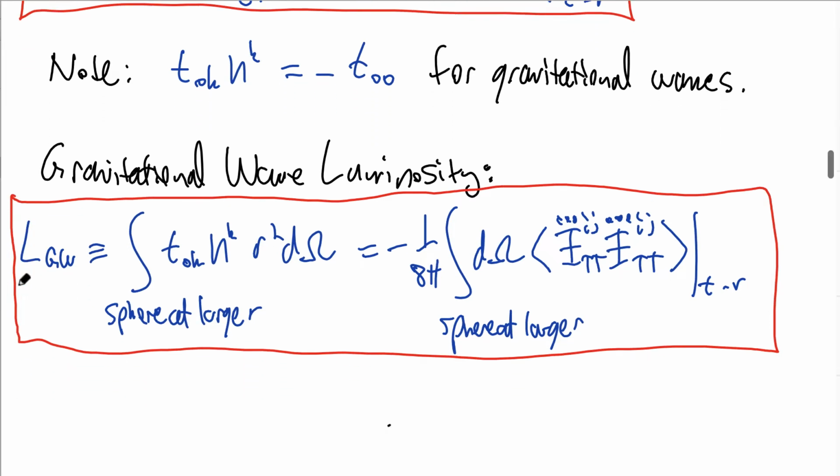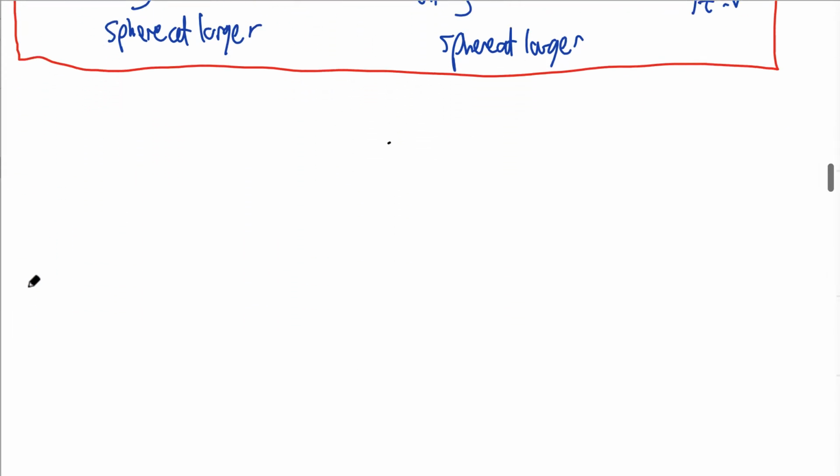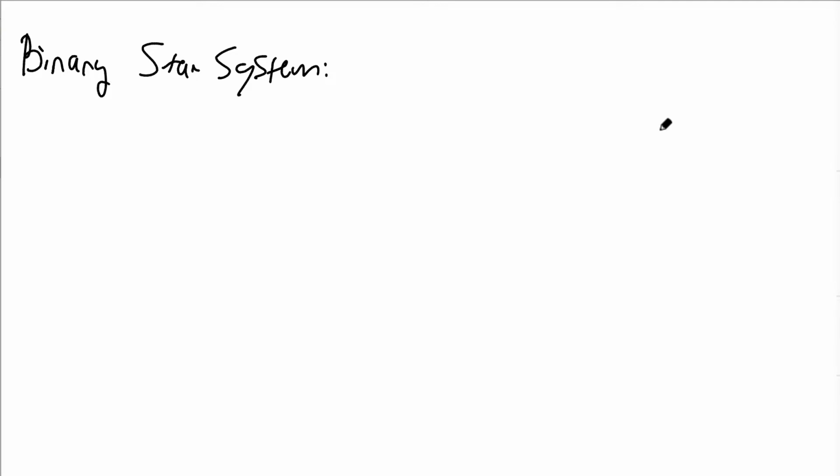For the remainder of this lecture, I plan to work through in detail the calculation of gravitational waves from a binary star system consisting of stars M1 and M2 in circular orbits about one another.